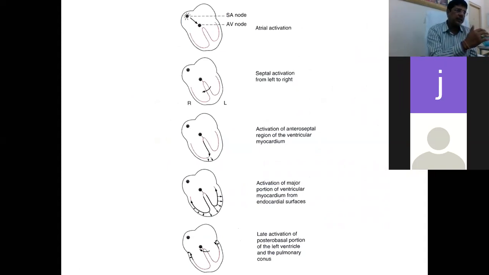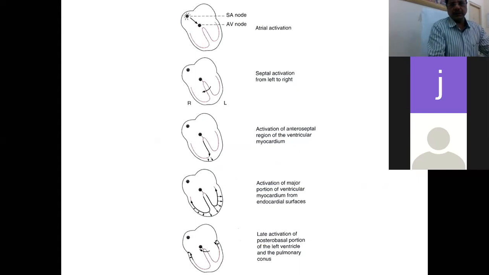The heart is going to get activated in a sequential manner. First is the atria, then the septal activation, then the activation of the anteroseptal region of the ventricular myocardium, and then the late activation of the posterobasal portion of the left ventricle, and so on. That is going to determine the waves in the ECG, right?